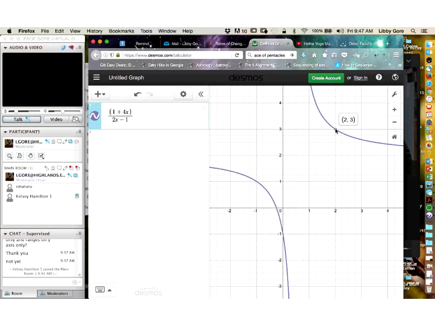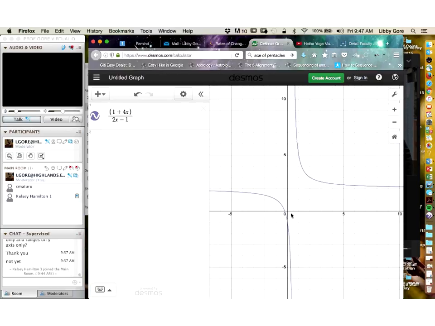And here, when I plugged in +2, I got out +3. But look what happens when I click on, let's see if I can get to an x value. Okay, so watch my x values.